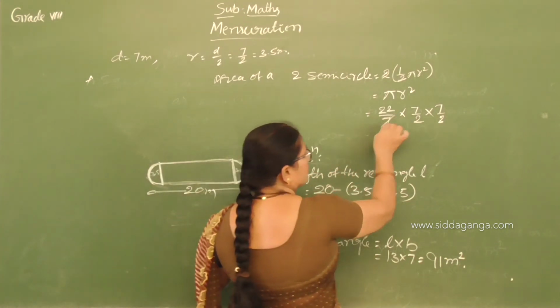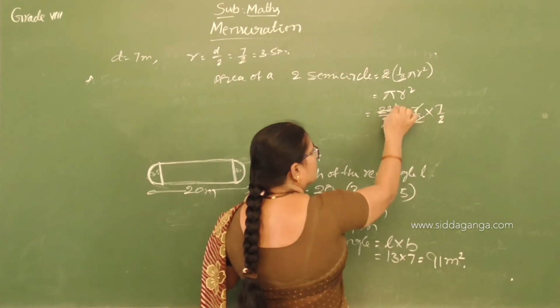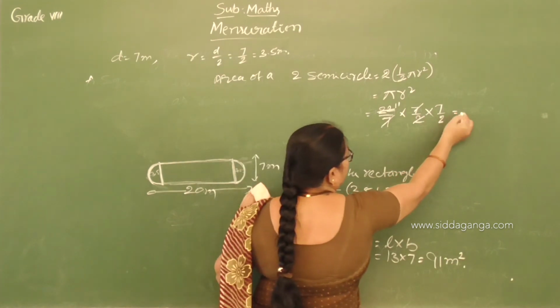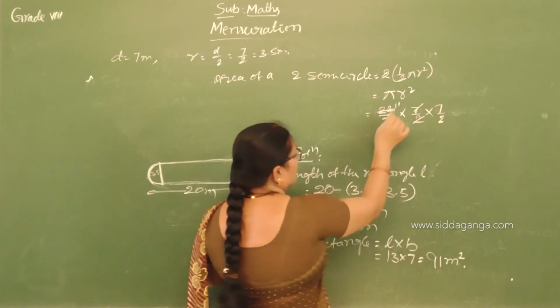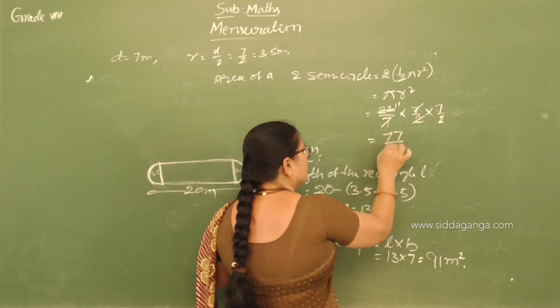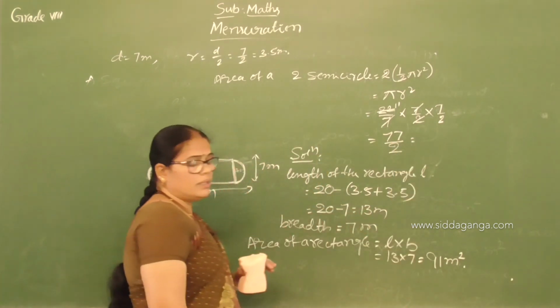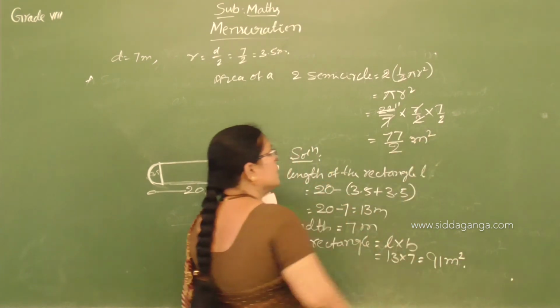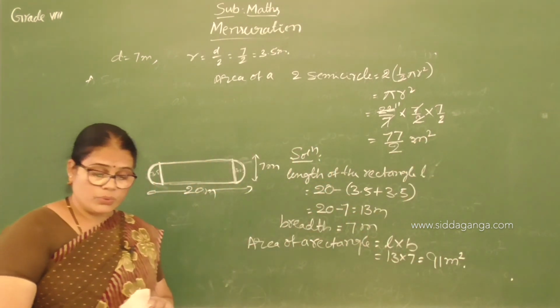Here the 7s get cancelled, 11 and 2 into 2. That will be equal to 77 by 2. 77 by 2 meter square is the area of the two semicircles.